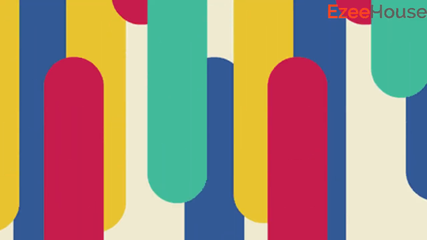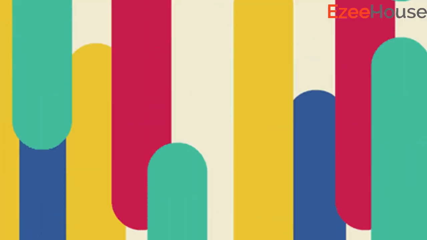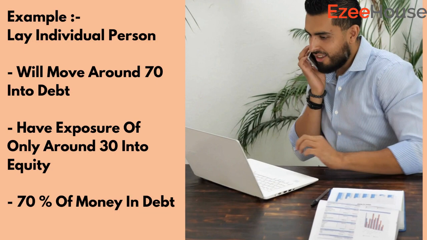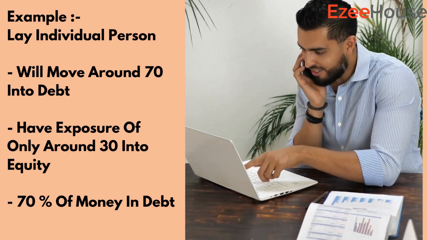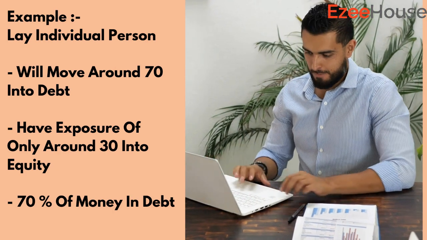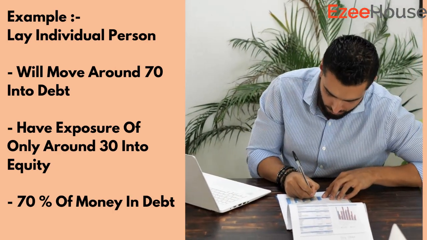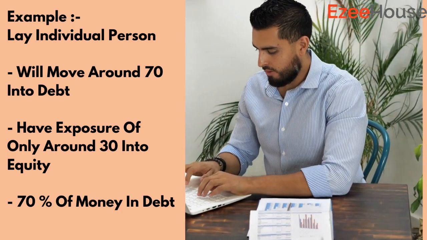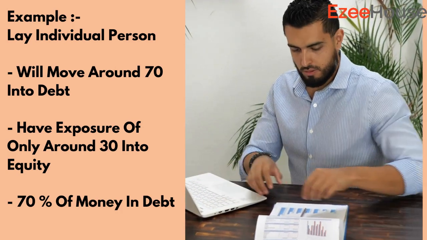As an individual, when I do that asset allocation or you do that asset allocation, we'll move all the remaining 70 rupees into debt, and only have an exposure of 30 rupees into equities. So our 70% of the money will still have debt taxation, and only 30% of the money will have equity taxation.